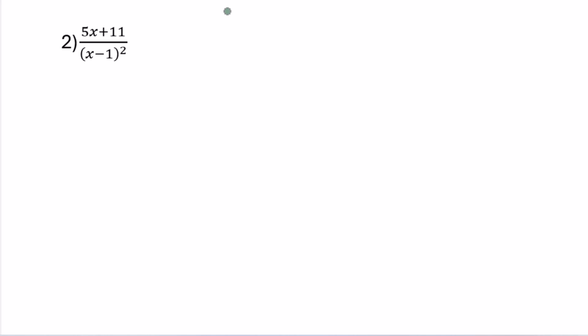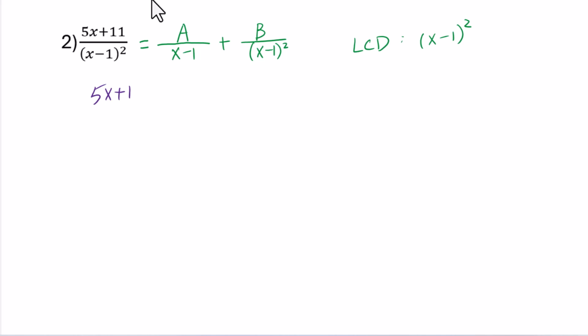5x plus 11 all over x minus 1 squared. This type of rational expressions can be changed into partial fraction as a over x minus 1 plus b over x minus 1 squared. LCD is x minus 1 squared. Both sides times x minus 1 squared. We got 5x plus 11 equals a times x minus 1 plus b.